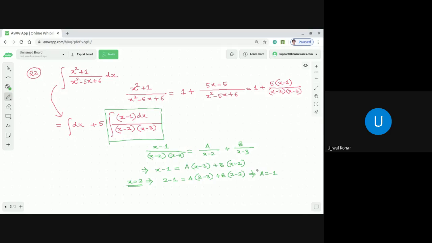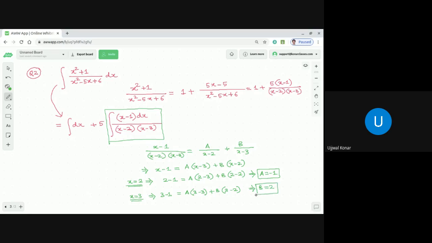Correct, no, dear students? Now you apply the value of x equal to 3. Then what we are going to get? 3 minus 1 is equal to A into (3 minus 3) plus B into 1. So from here we get the value of B equal to 2.